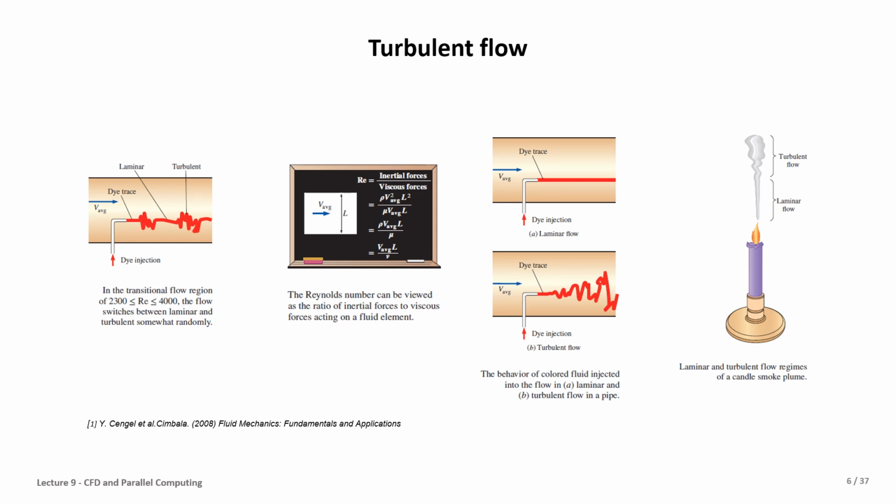For example, for water in a pipe, Reynolds between 2300 and 4000 is the transition area. When it's 2300 and lower, it's laminar, and when it goes above 4000, it will be turbulent flow.